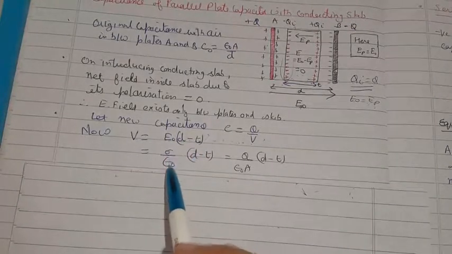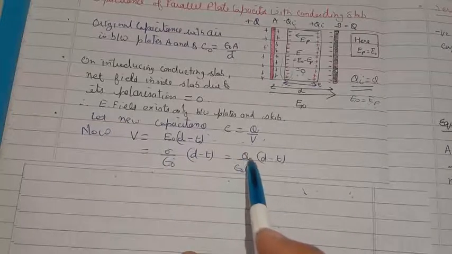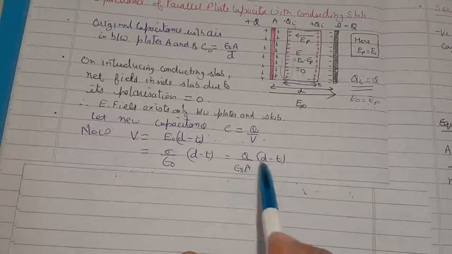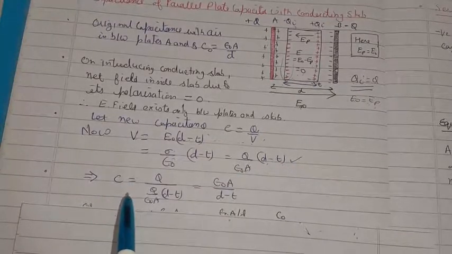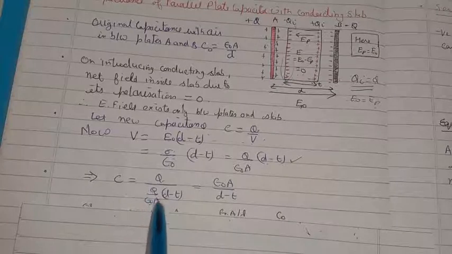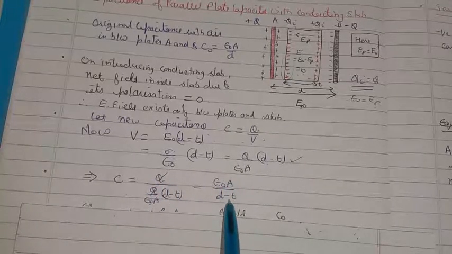E naught is sigma over epsilon naught. Sigma is charge per unit area, so the final expression of V is Q over epsilon naught A into (d minus t). So the new capacity will be Q over epsilon naught A into (d minus t). Q gets cancelled, epsilon naught A over (d minus t).